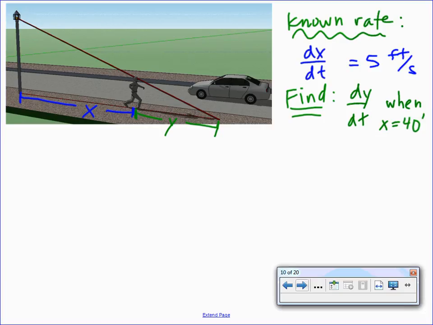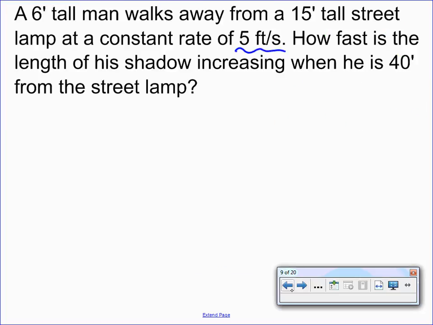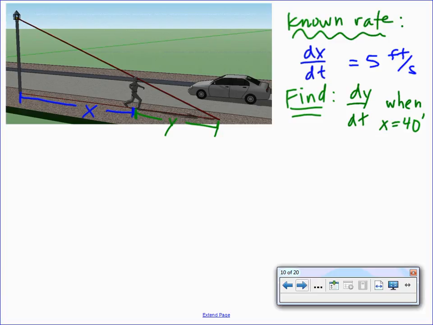Well, I haven't completely labeled my picture. I know that I do have some constant things. What else could I label in my picture? The guy would be 6 feet. Okay, so is that changing throughout the course of the problem?